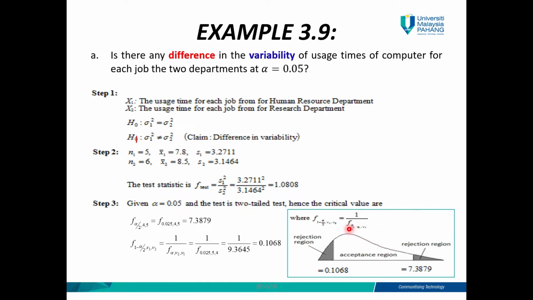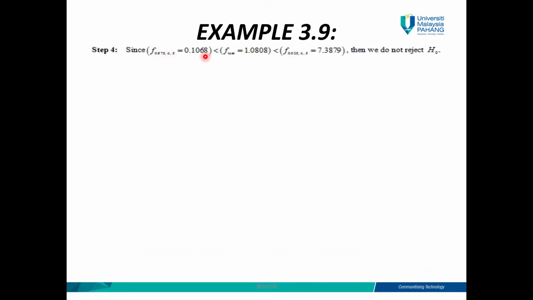Class, for a two-tailed test, whichever chapter, if your test statistic falls in the acceptance region, this is how you should write the notation. It shows that your test statistic is in between: it is bigger than the left hand side critical value and smaller than the right hand side critical value.